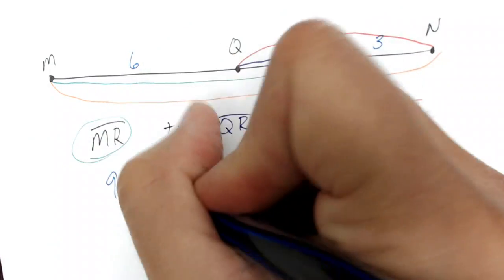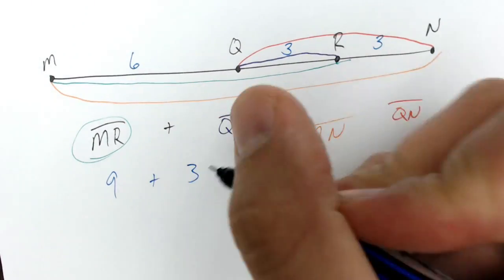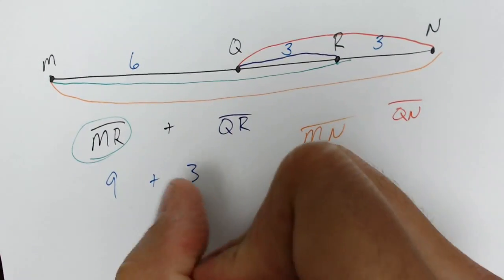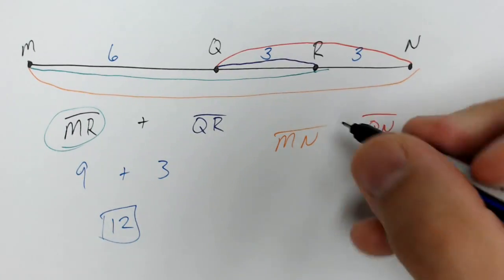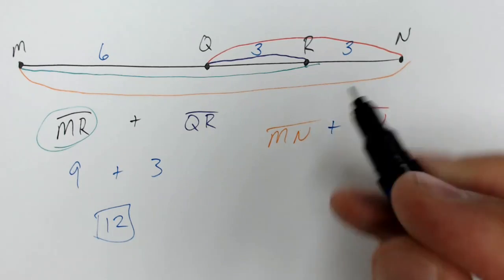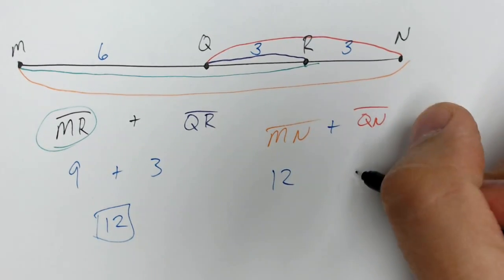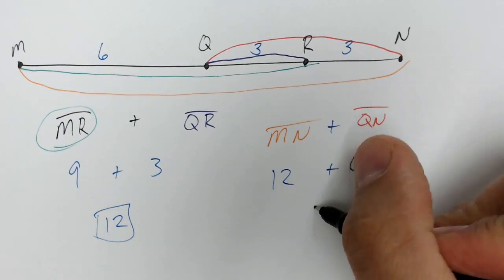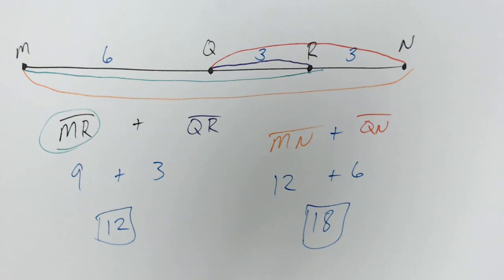That would be 9 plus, how far is QR? QR is another 3, so MR plus QR would equal 12. That would be my answer. Or what if I did MN plus QN? MN would be 6, 3, and 3, so that would be 12 for MN. QN would be 3 and 3, which is another 6, so 12 and 6 would be 18. So MN plus QN would be 18. So that's some ways that we can use these line segments.